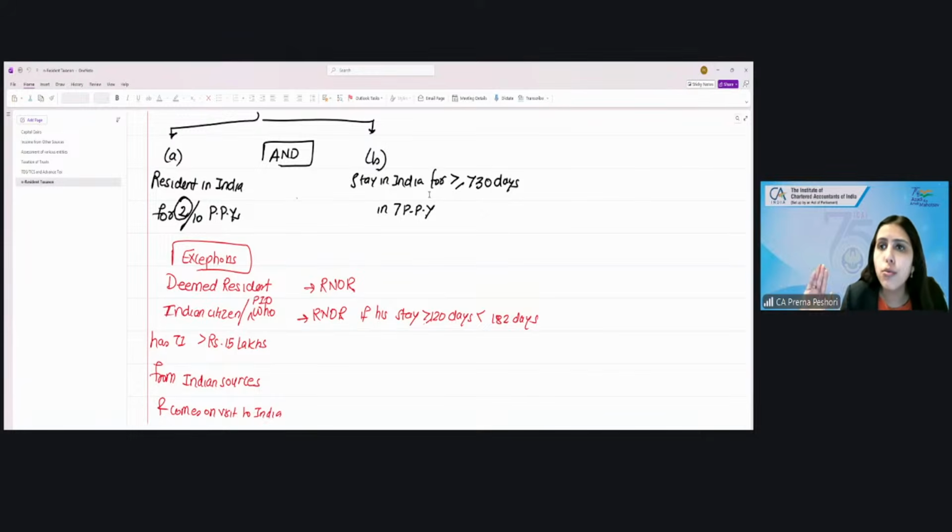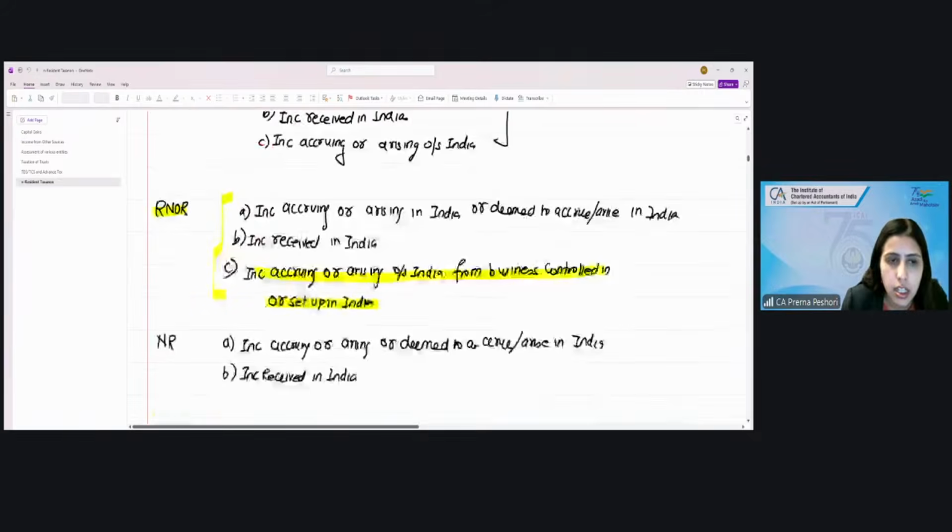For him also, you don't check these conditions. So for two categories, a deemed resident and an individual who is an Indian citizen or a PIO visiting India, having total income from Indian sources of more than 15 lakh, is RNOR if the stay is more than 120 days and less than 182 days. Are we clear?